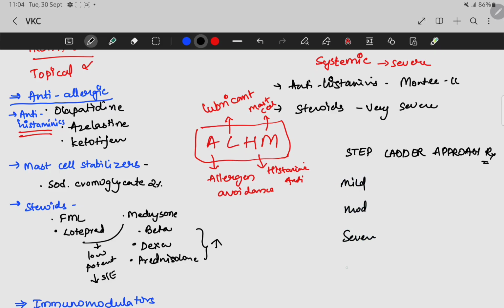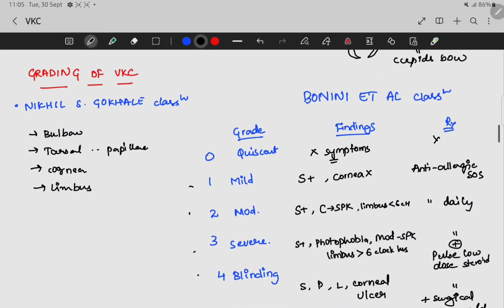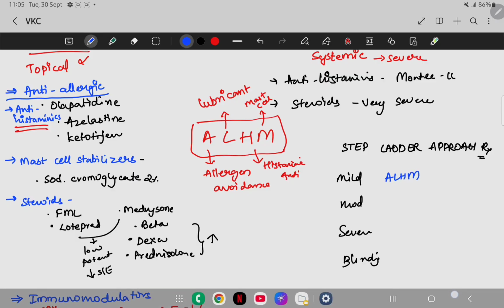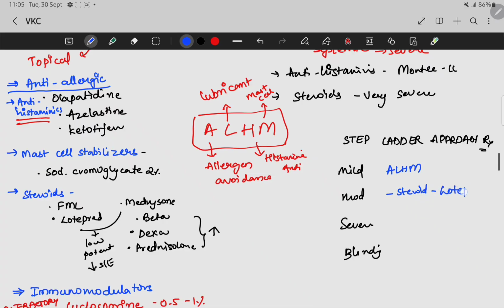Then for moderate cases it is ALHM along with steroids, that is low potency steroids like loteprednol, in pulse dose. For severe cases, ALHM along with a high potency steroid, and also cyclosporine can be used, that is immunomodulators, and high potency steroids are reserved for severe cases only.